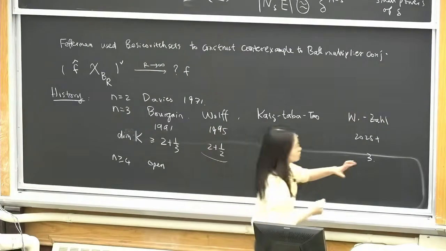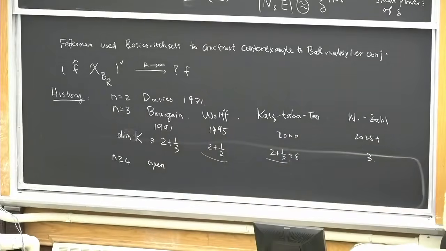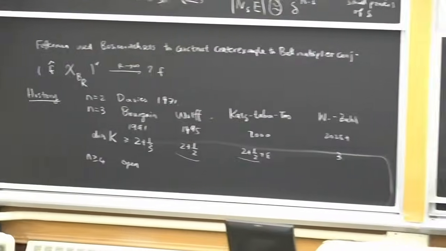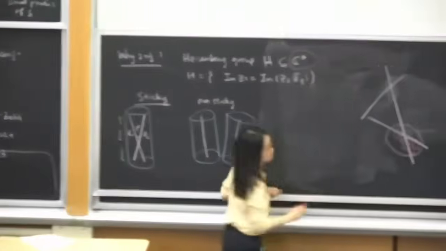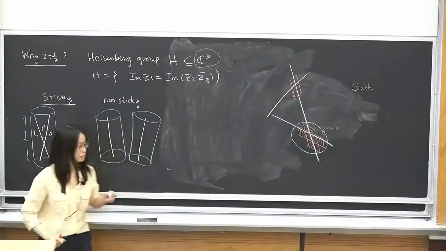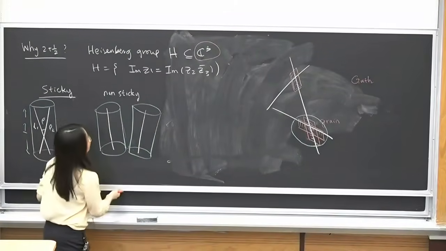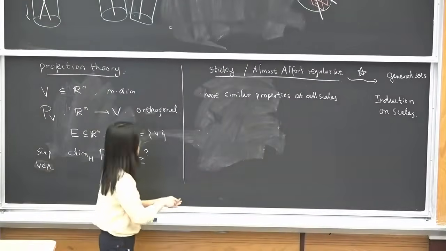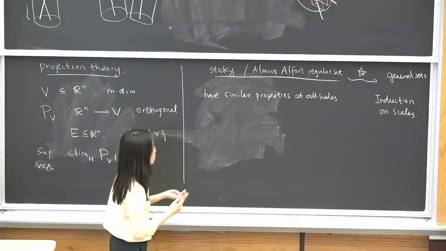So it turns out that the way we distinguish the Heisenberg group and the Kakeya set is to exploit that the Heisenberg group lies in C3, but the Kakeya set has to lie in Rn. And to distinguish this, we use Bourgain's sum product.